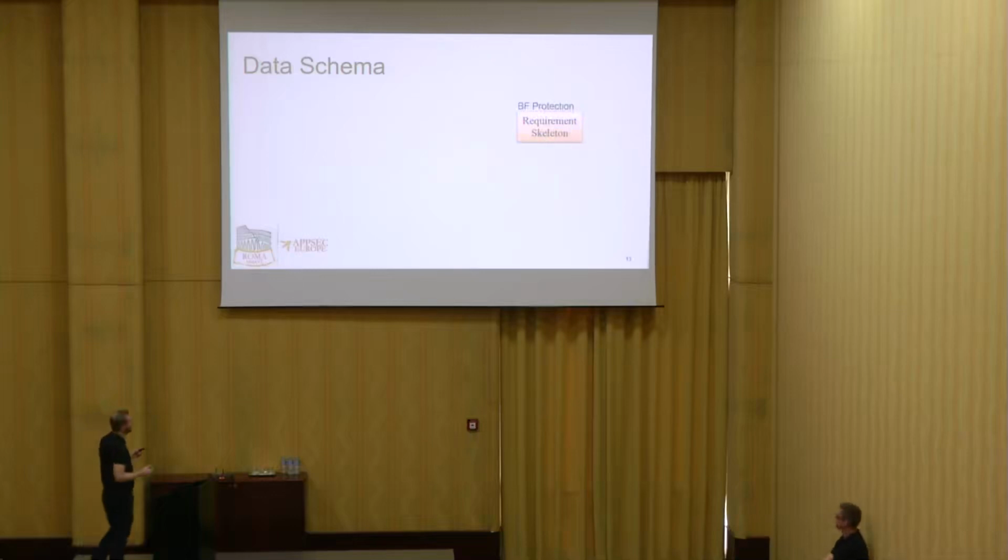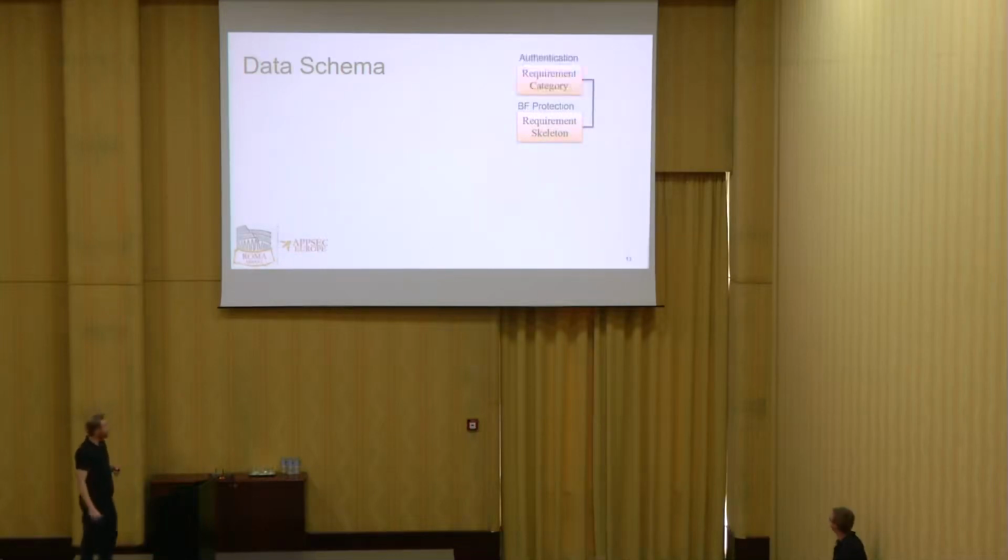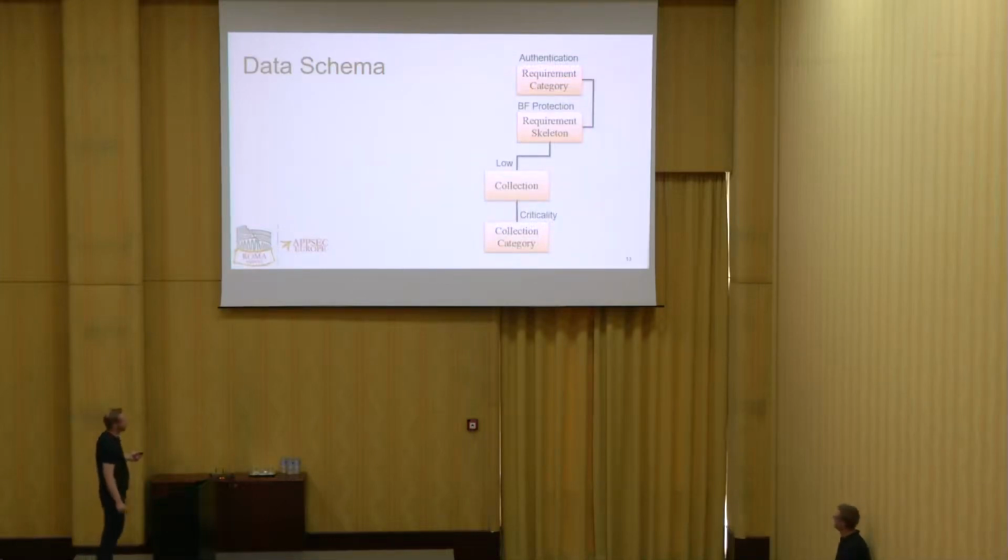So first of all, we have our requirement skeleton. This is a security requirement, like: you need to use brute force protection. Tied to a requirement skeleton is always a requirement category. For brute force, it is authentication. Also, you saw the collections, and every collection has a category. So a requirement has a collection category and a criticality, and you can select low here.